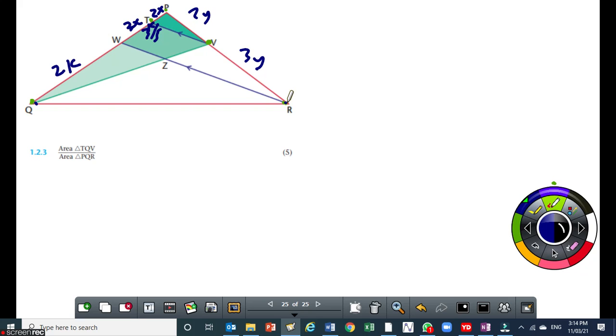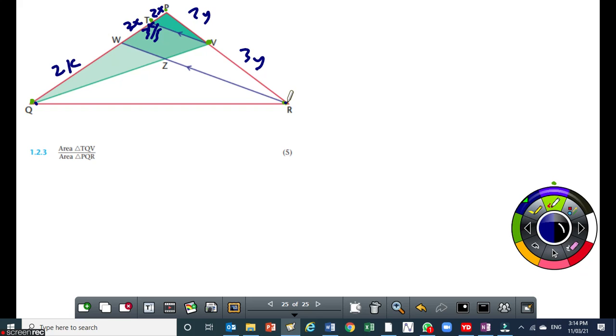So what that means is, I need to identify a third triangle that shares a common height with both of them. Okay? So let's look at TQV. Which triangle shares a common height with TQV? I'm talking about a triangle that we probably might know some dimension of.